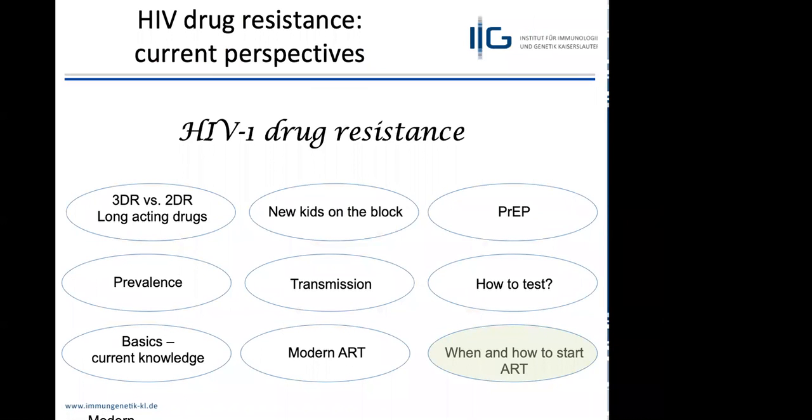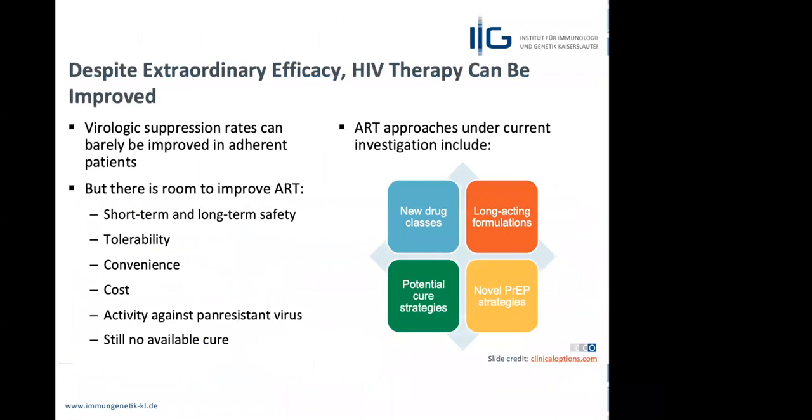So, when and how to start ART. Drug resistance treatment failure is one endpoint of treatment. Then at least in some cases now, you have to change. But talking about the efficiency of antiretroviral therapy, it's also important to talk about short-term and long-term safety, tolerability, convenience, costs.